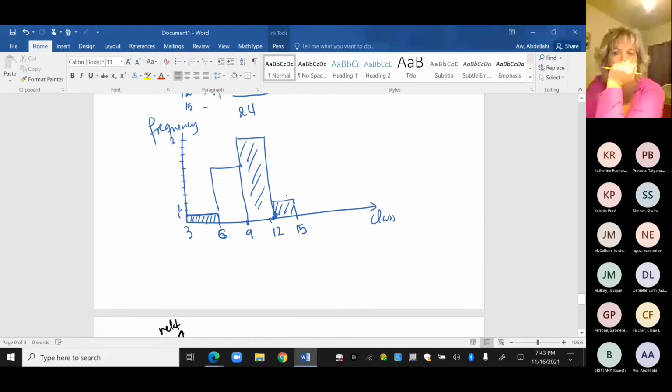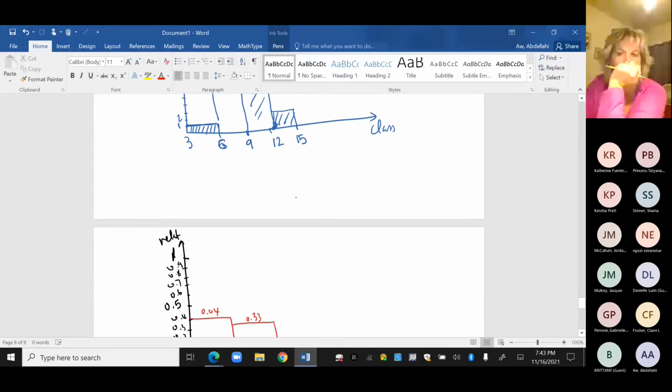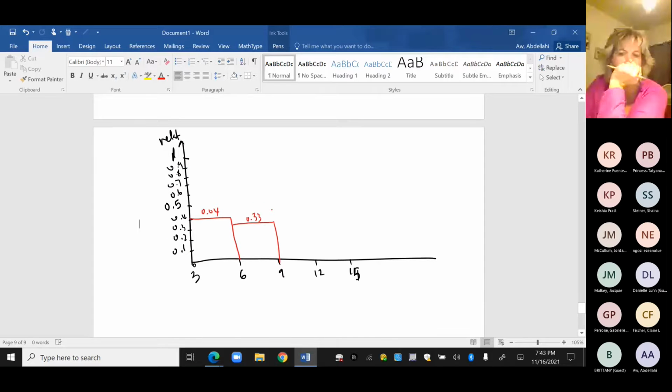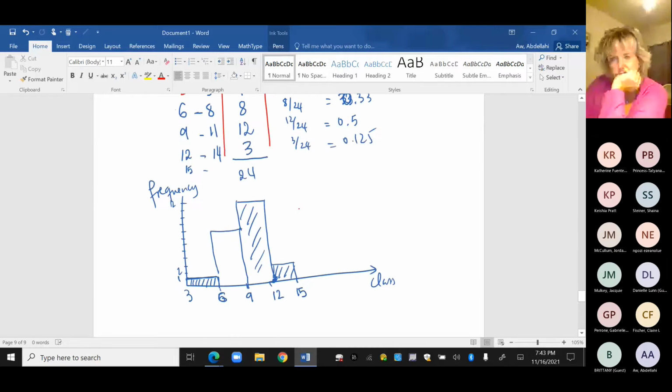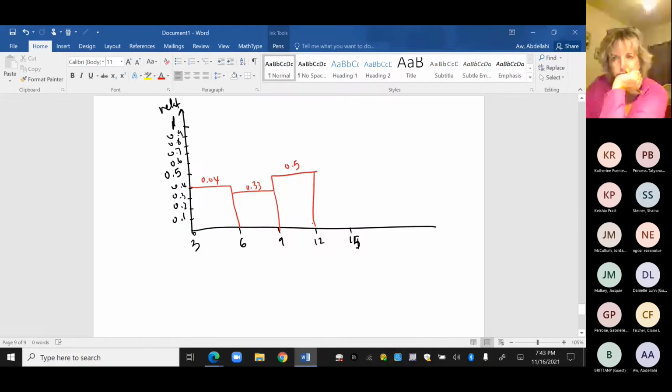The last number is 0.5. Okay, that one is nice. It's exactly this. And the last one is 0.125. You see, 0.125 is very hard to put if you're not a machine, right?